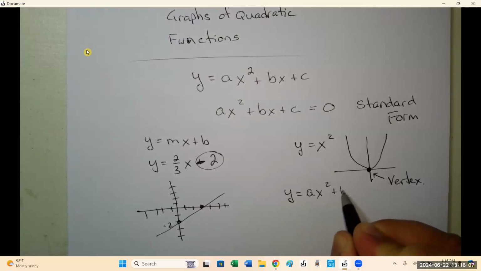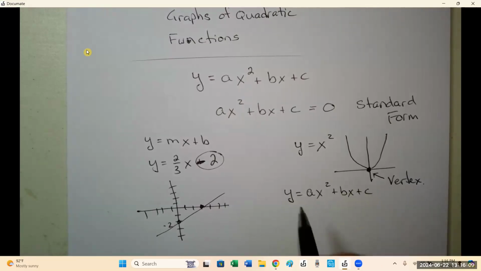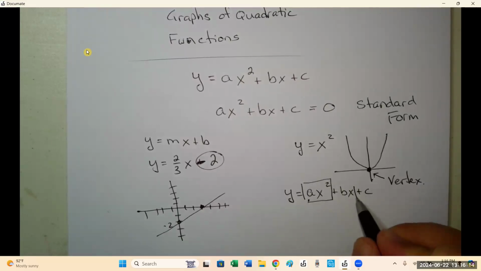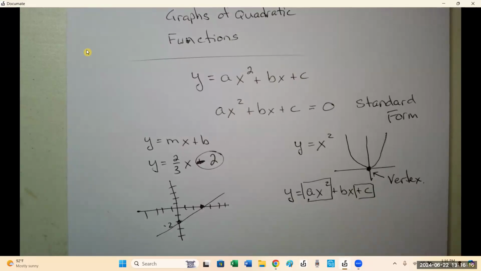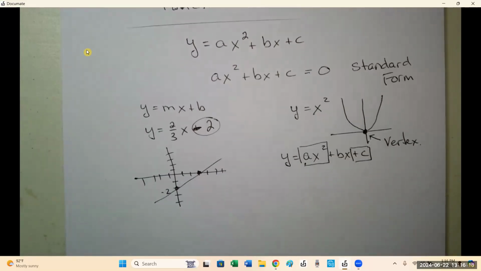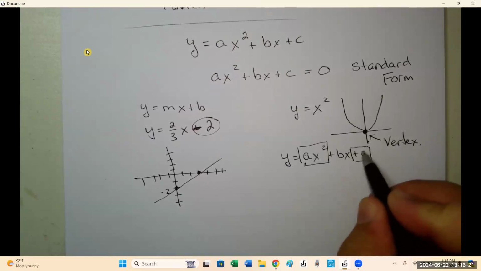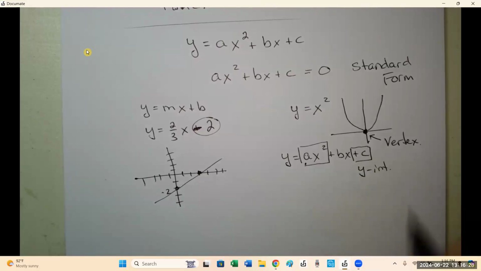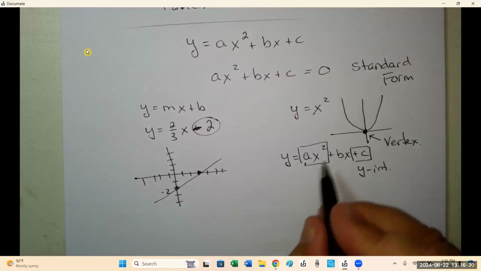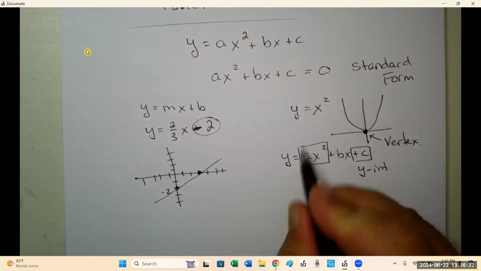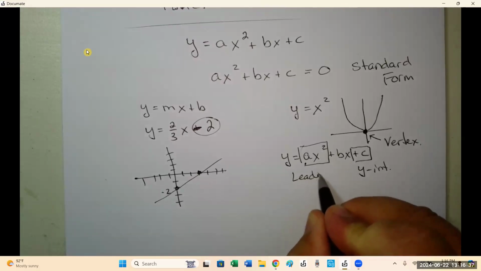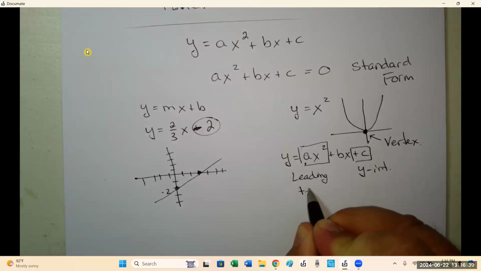Okay, and we can tell a lot about this equation by looking at two parts. The first part and the constant part. The constant part of any equation, I don't care how big or how small it is, the number by itself, no x's, is always your y-intercept. And whatever the first part is, the one with the highest exponent, that's called your leading term.